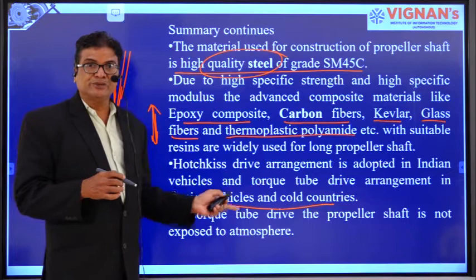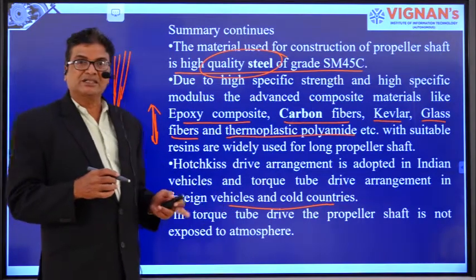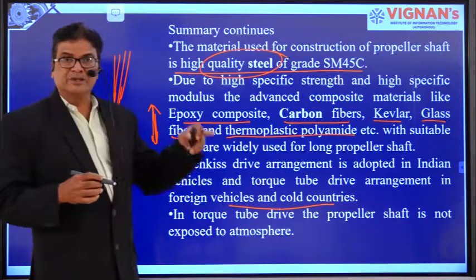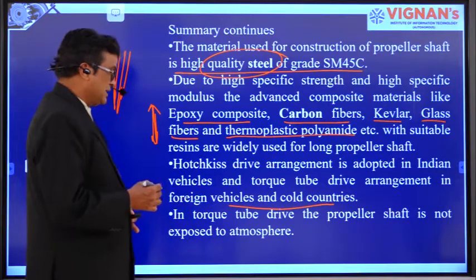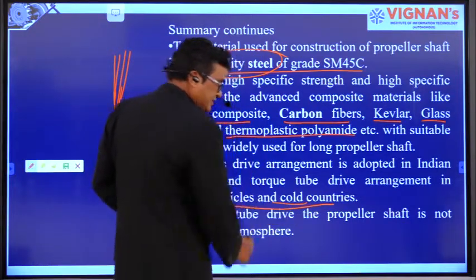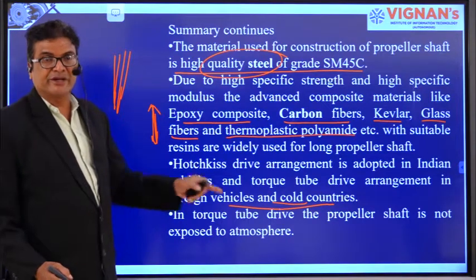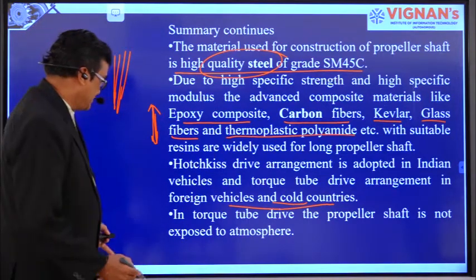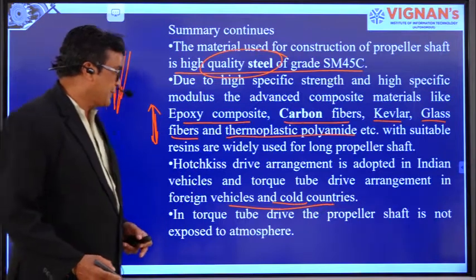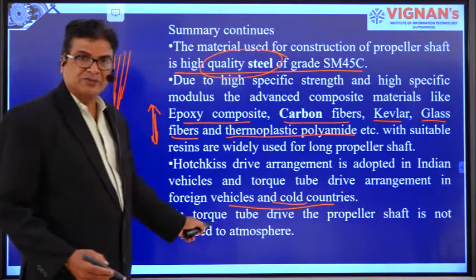The torque tube is made of plastic mounted with some bearings inside, and it is adapted for cold countries. That's why I told you the torque tube drive is adapted in foreign vehicles. In the torque tube drive, the propeller shaft is not exposed to the atmosphere.